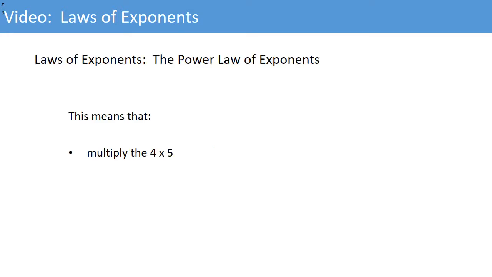This means that you multiply the 4 times 5 as shown here. Bracket a to the exponent 4, bracket to the exponent 5 will equal a to the exponent 4 times 5, which will equal a to the exponent 20.